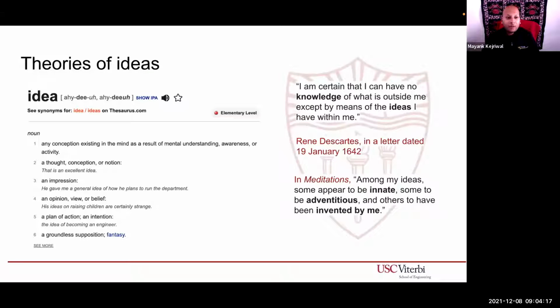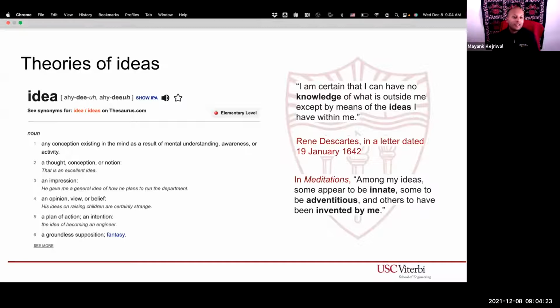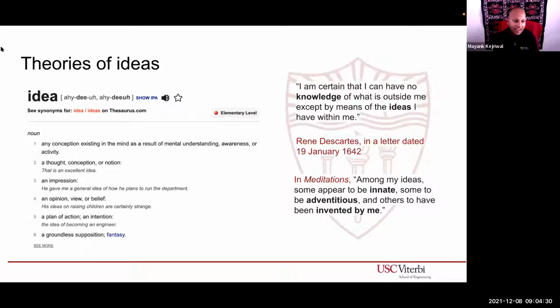So I want to begin with the word idea, and it might seem like a very simple word. You can see here on the left-hand side, the dictionary classifies it as an elementary level concept, with 6 senses. But it turns out that the question of what is an idea is actually a very complicated question that philosophers have thought about for a very long time.